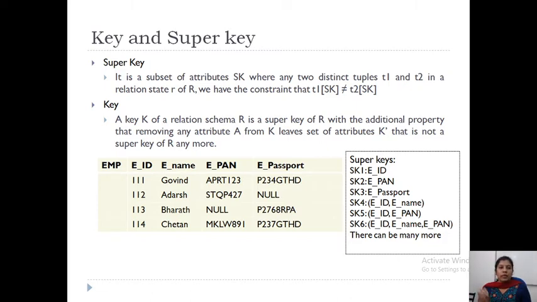If I remove one of the attributes from that super key, then it no longer remains a super key. Then it will be called a key. So it's a minimal super key. I cannot remove any of the attributes from that.